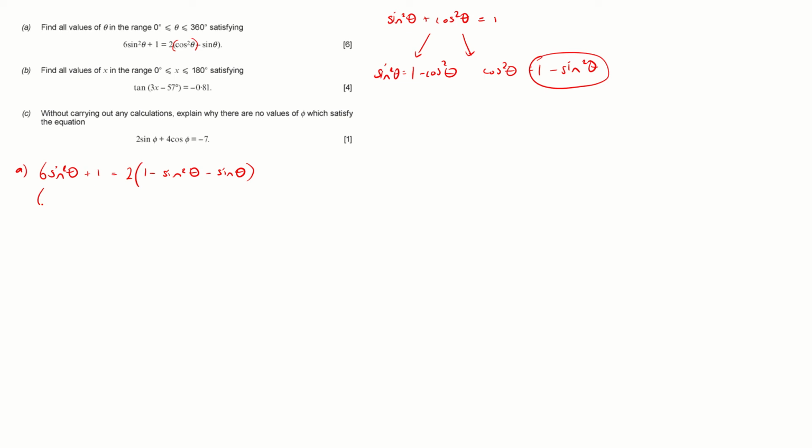We're rearranging to do 6 sine squared theta plus 1 equals 2 minus 2 sine squared minus 2 sine. Rearrange: 8 sine squared theta plus 2 sine theta minus 1 equals 0.